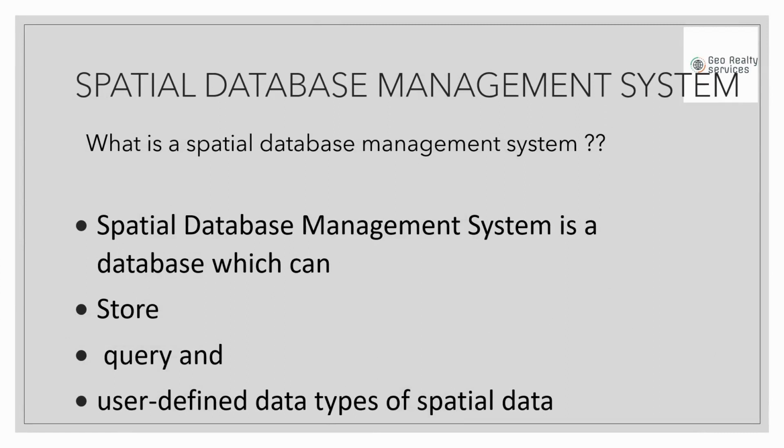It is a database system which can store and query not only conventional data sets of numbers and text, but also user-defined data types of spatial data, such as points and polygons of vector objects and images of raster objects. It became feasible after the object relational database management system was developed.